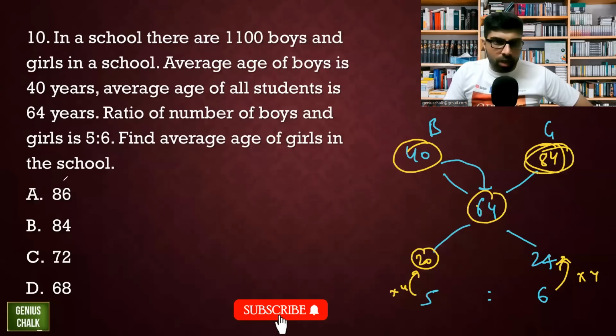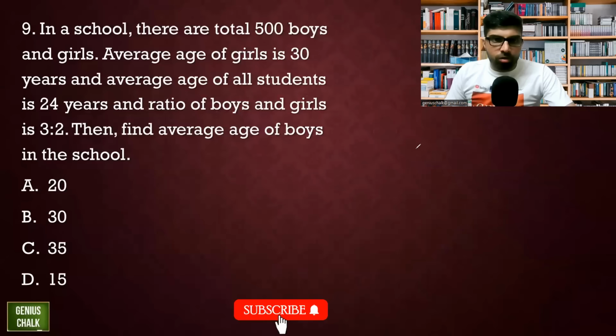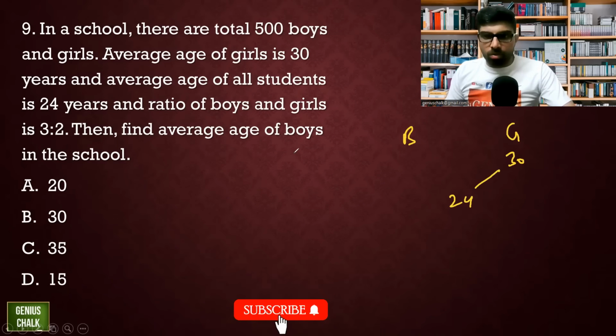And the same we can do in the previous question as well. Here we can talk about the average age of boys. Girls is 30 years, and afterwards 24, and the ratio of the boys is 3:2.